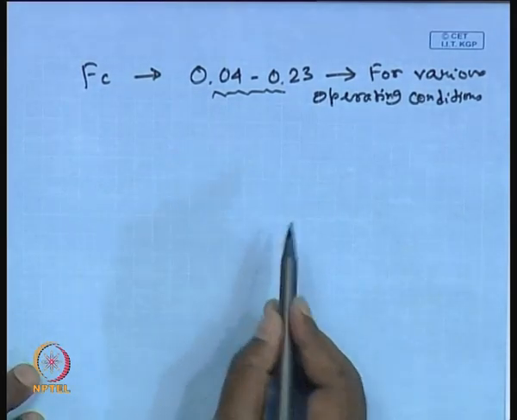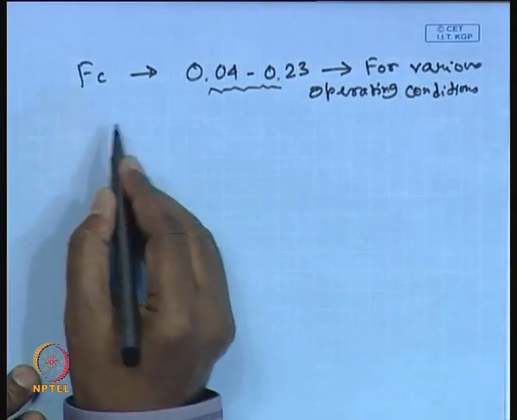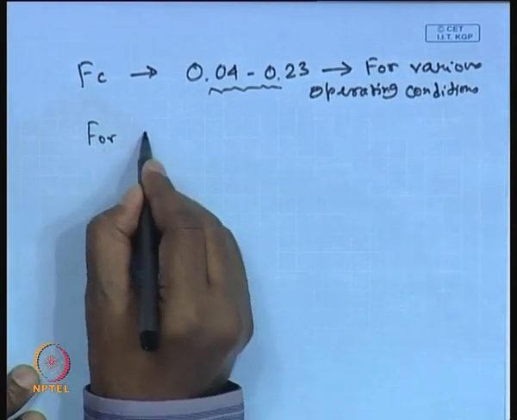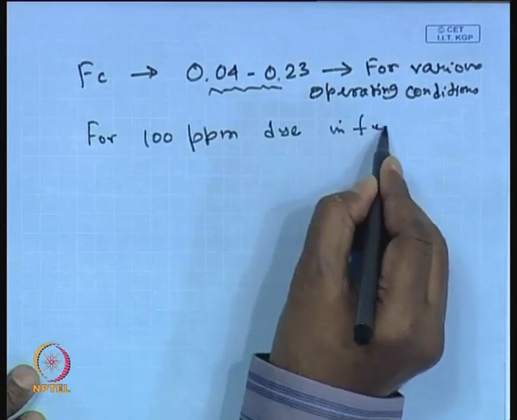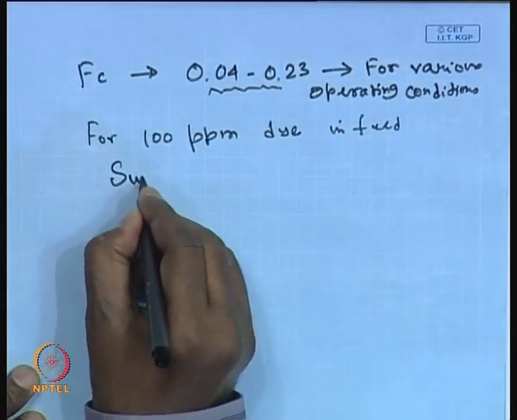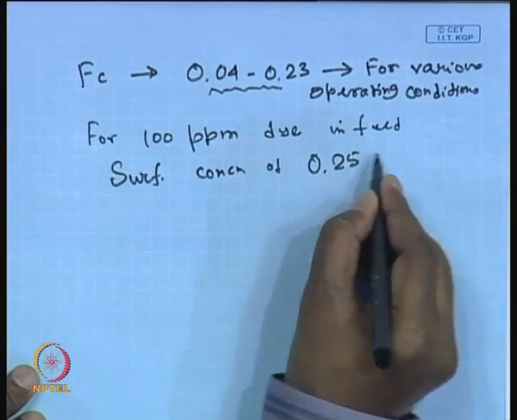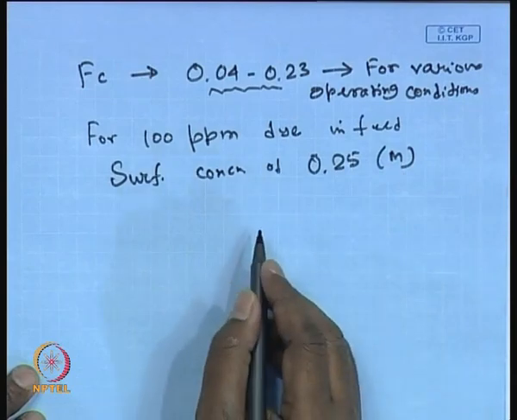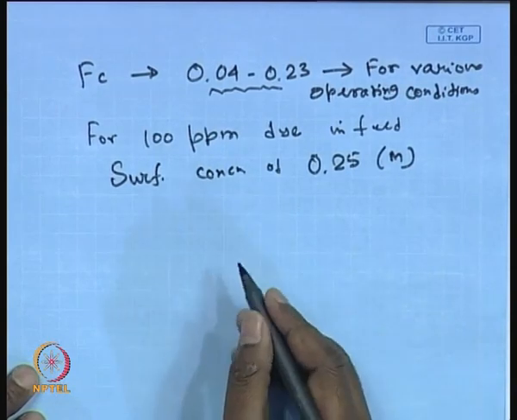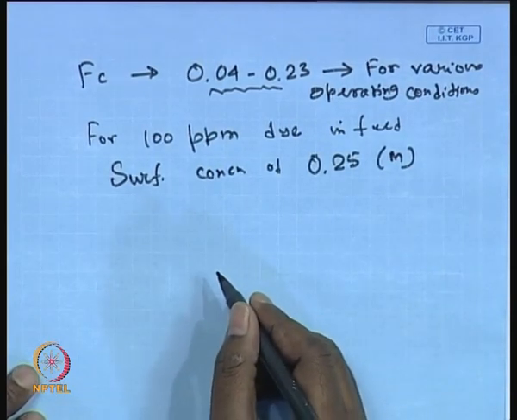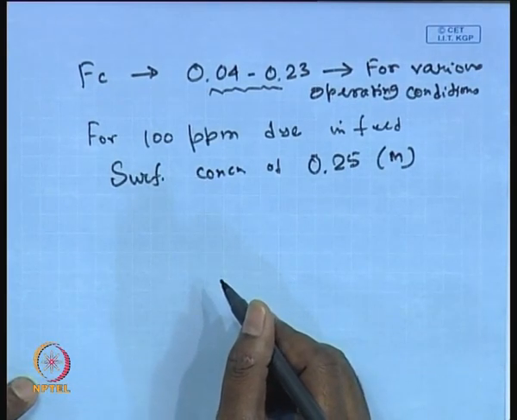Okay, that will be the order of volume reduction we are talking about in this particular case. Now, we can give an idea how much extraction one can have. If you have 100 ppm dye in feed, and if you select a surfactant concentration of 0.25 molar, then one can remove 95% of dye using TX 100, and using TX 114 you can extract to the tune of about 100%.